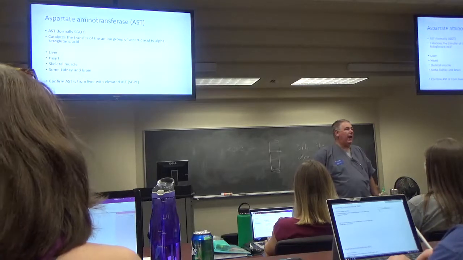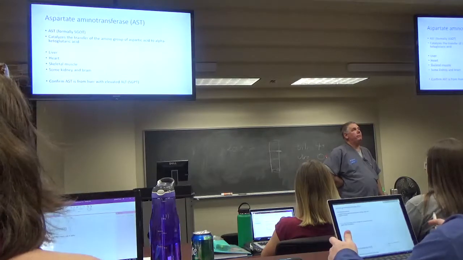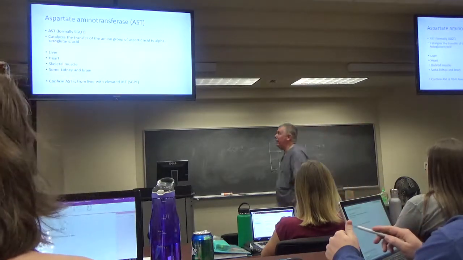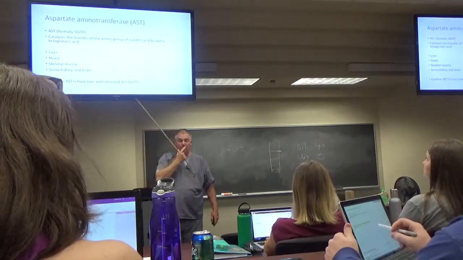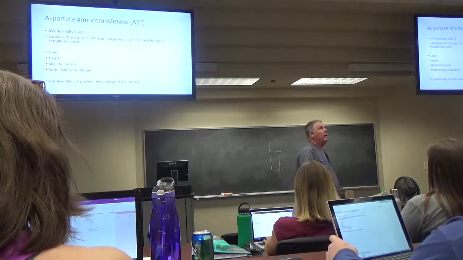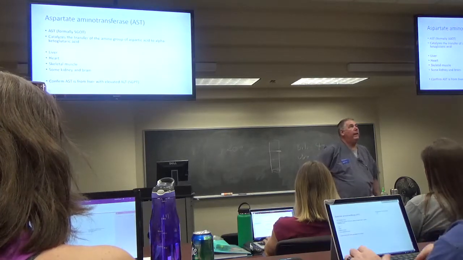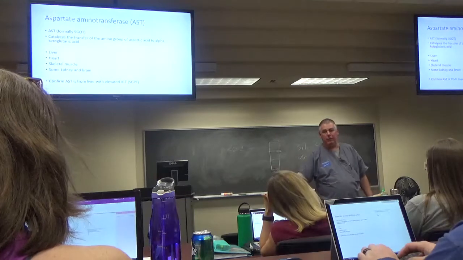Aspartate and alanine aminotransferase. They're not specific to the liver so much, but they're predominant in the liver. You confirm one is from the liver by the elevation of the other.